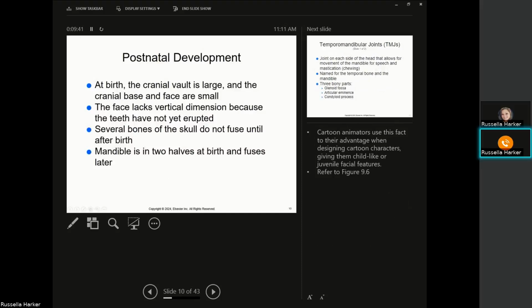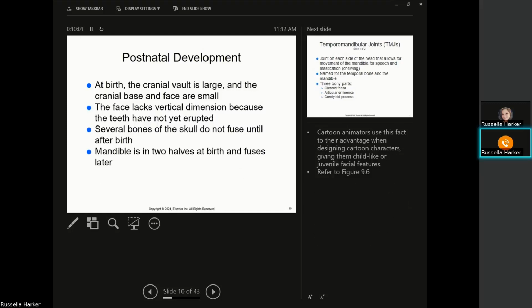In postnatal development, at birth, the cranial vault is large and the cranial base and the face are small. So the face lacks vertical dimension because the teeth haven't erupted yet, which gives babies that little babyish face or cartoonish kind of look.